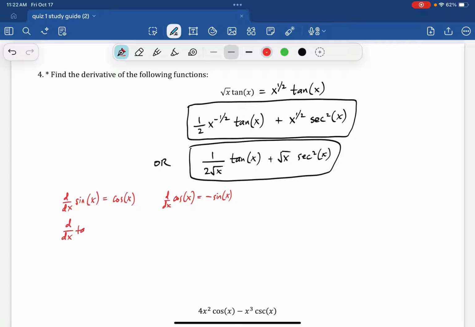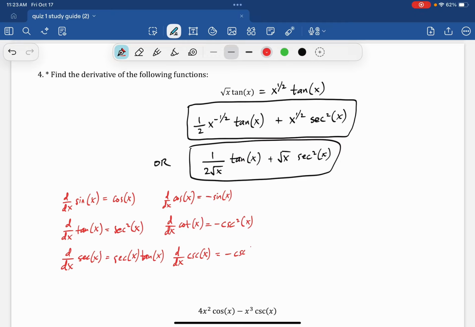Derivative of tangent x is secant squared. Derivative of cotangent x is negative cosecant squared. And derivative of secant is secant times tangent. And derivative of cosecant is negative cosecant times cotangent.